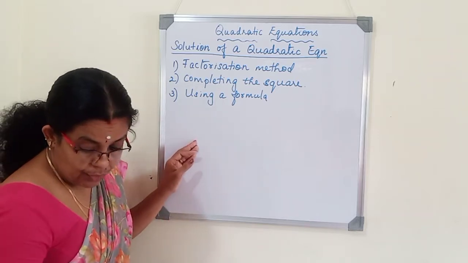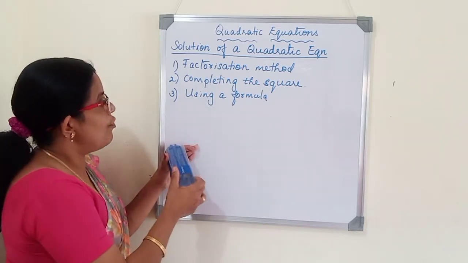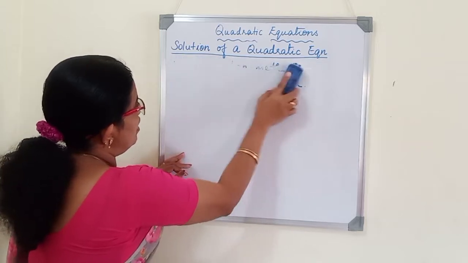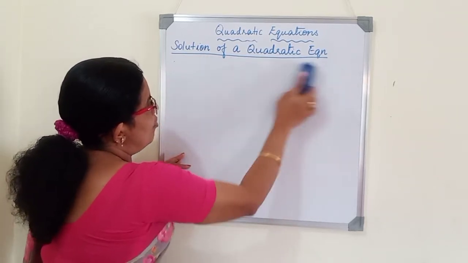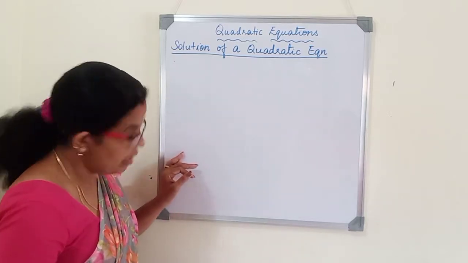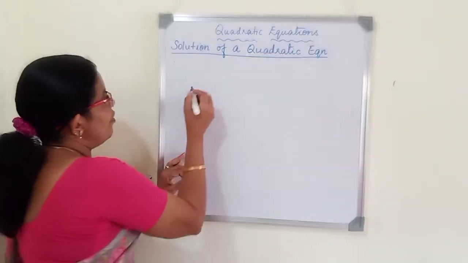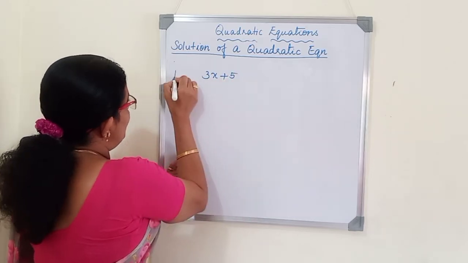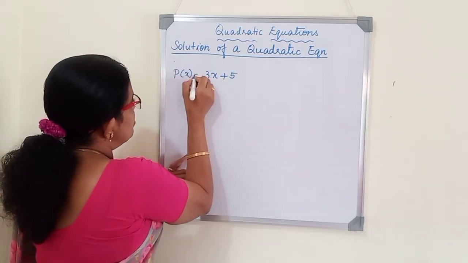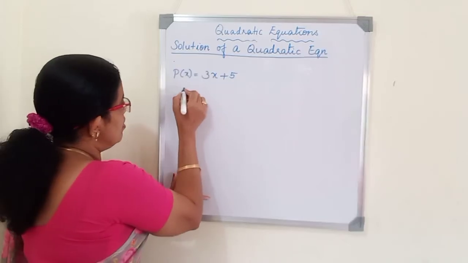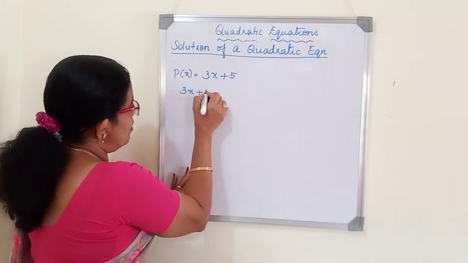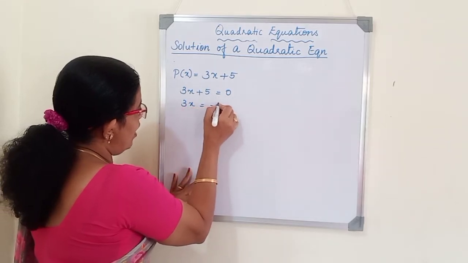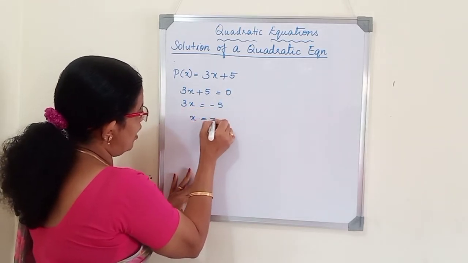To find the solution by factorization method, you already know how to factorize a quadratic polynomial. Last year you have already learned. If 3x plus 5 is a linear polynomial, to find the zero of the polynomial, we will equate 3x plus 5 equal to 0. 3x is equal to minus 5. x is equal to minus 5 by 3.